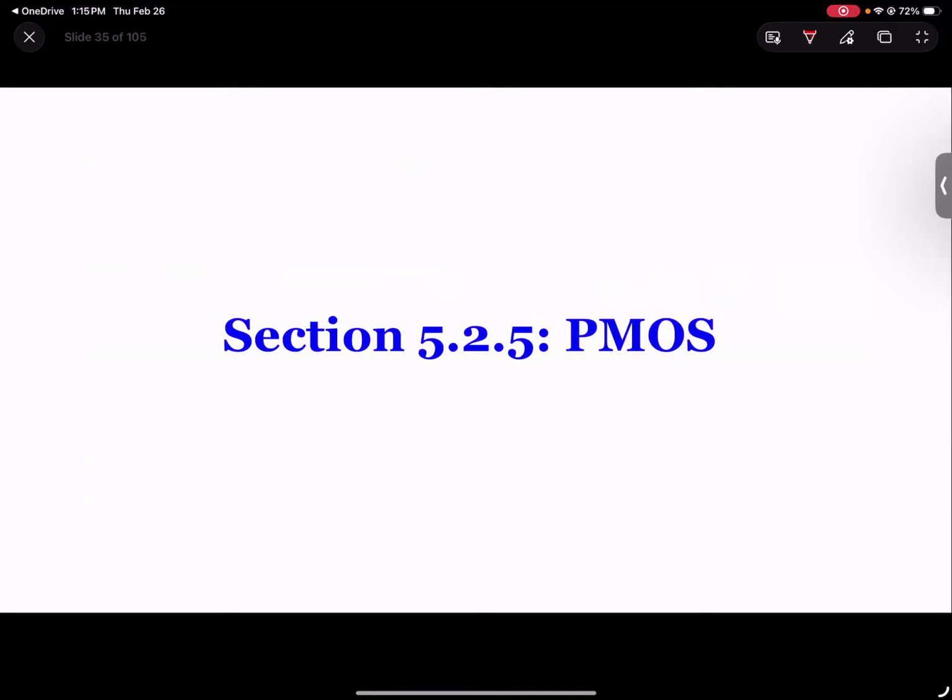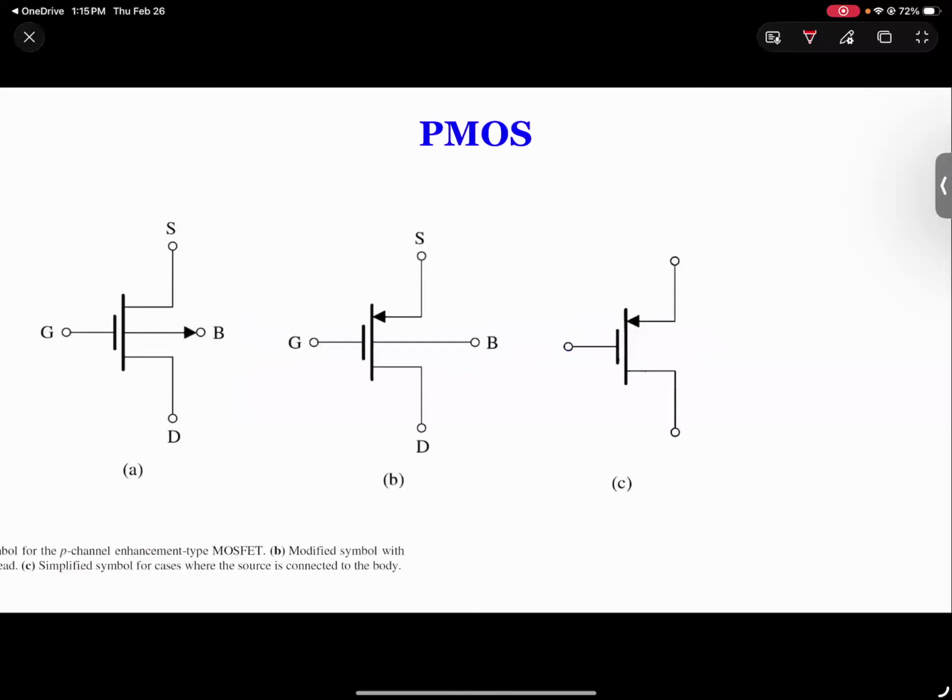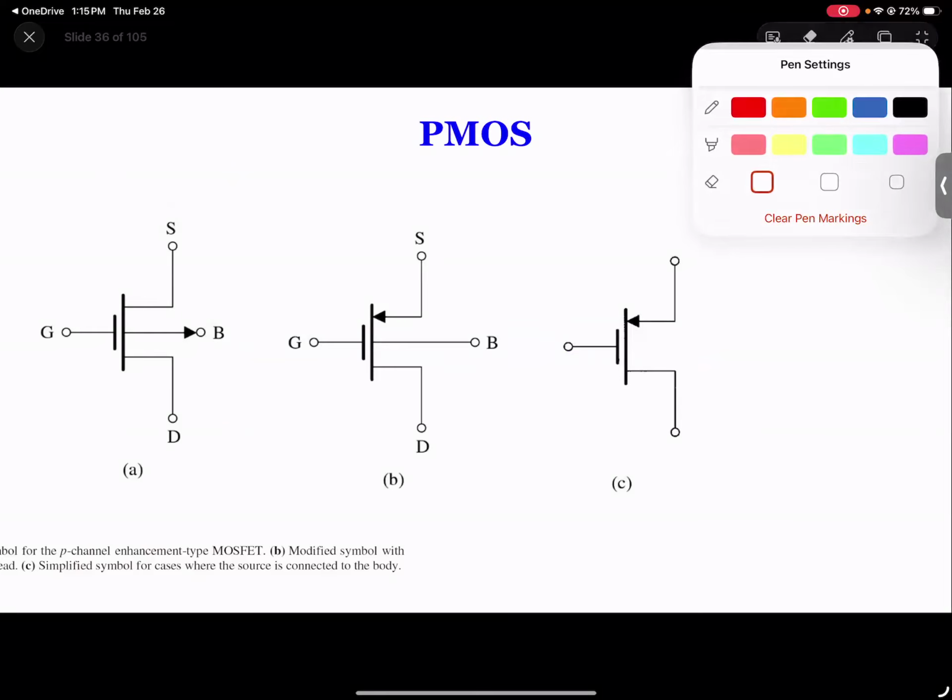So today we're also going to cover 2.5, PMOS. So far we have talked so much about NMOS. We did mention PMOS earlier. If you remember the physical structure for PMOS, it is like NMOS. Let me redraw those so you can have a better understanding.